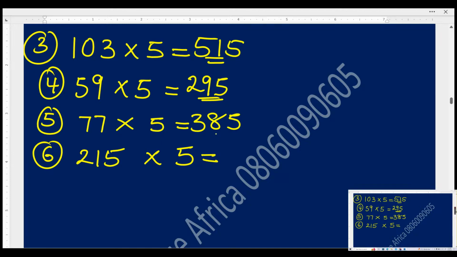That will be 107. Then write 5 beside 107. That will make it 1075. Type 1075 in the comment section.